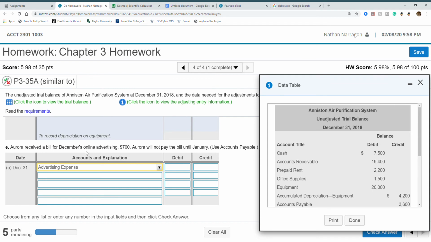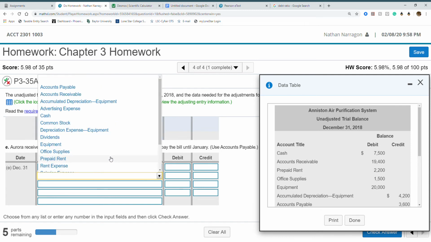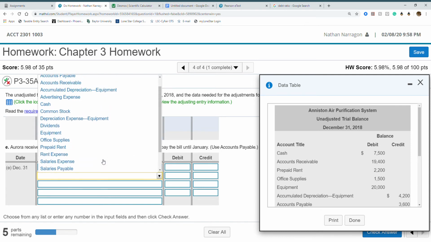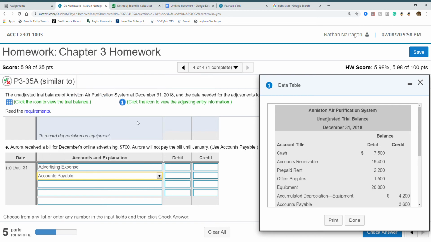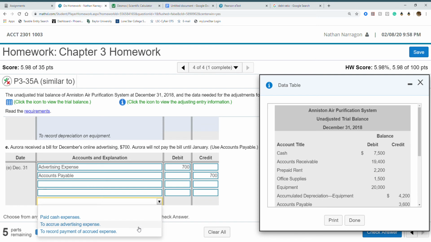And since we said we're not going to pay it till January, we will always have a payable. So if we're always delaying a payment, we still owe it, and we still incurred the expense, so we have to put in the expense, and we have to put in the payable. Okay, and of course don't forget your explanation.